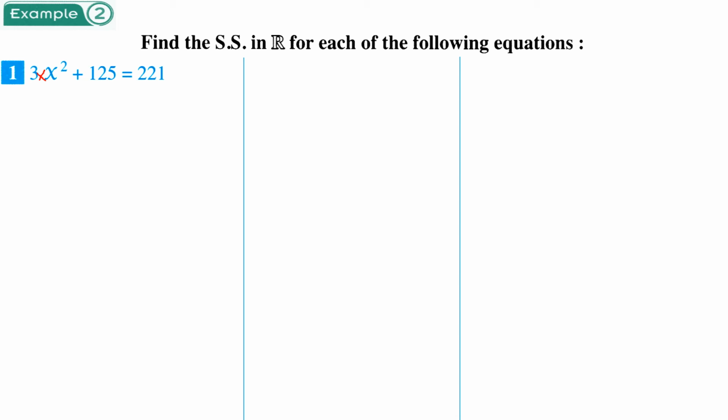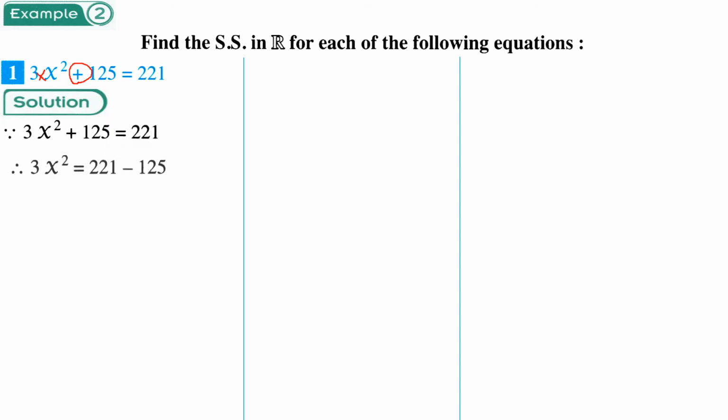So we will use the inverse operation of the addition, which is subtraction. So we'll subtract 125 from both sides. So we will get 3x power 2 equals 221 minus 125, which is 96.